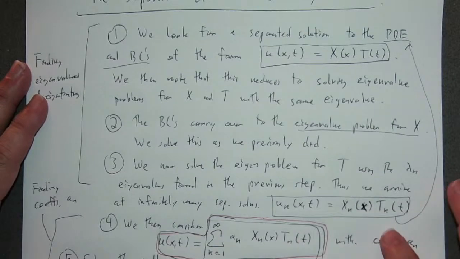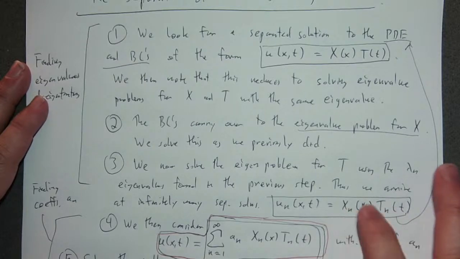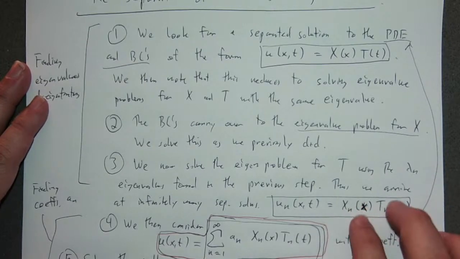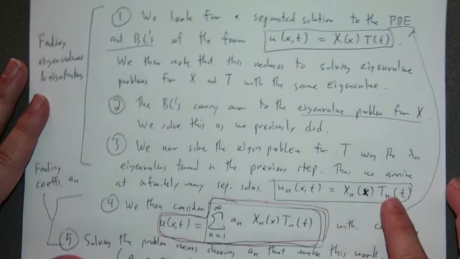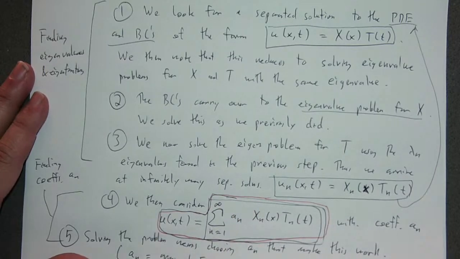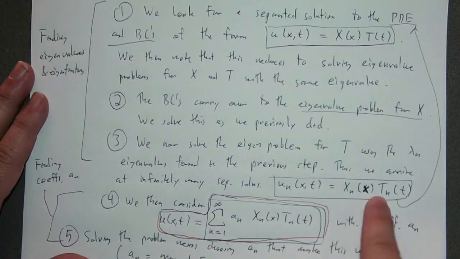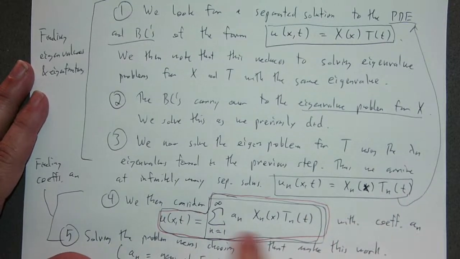And then I hope that, since any finite linear combination of solutions that look like this solves my PDE and boundary conditions, this infinite linear combination of these separated solutions solves my PDE and boundary conditions.